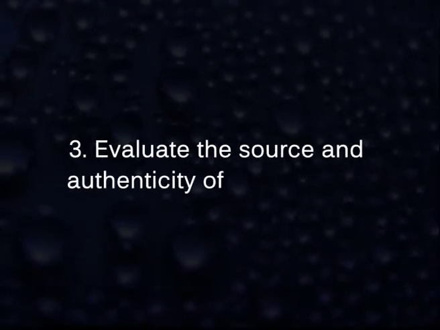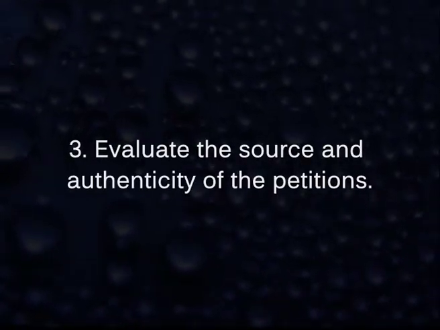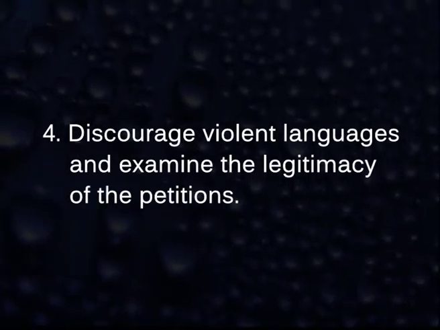Number 3, evaluate the source and authenticity of the petitions. And number 4, discourage violent language and examine the legitimacy of the petitions. In many cases, these committees of the League negotiated with the concerned governments on behalf of the affected minorities.